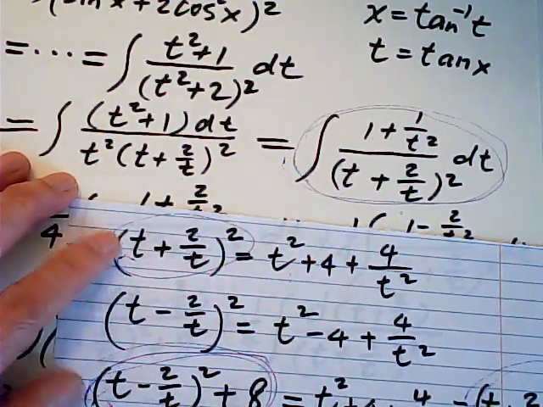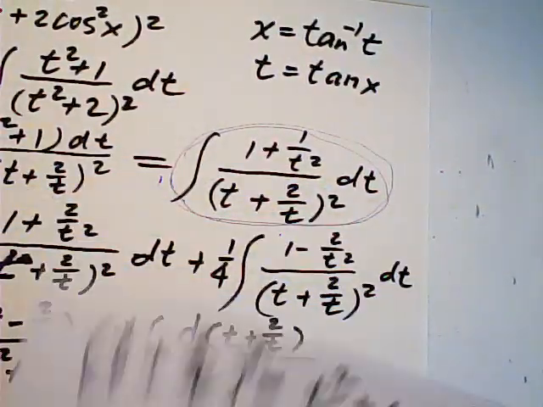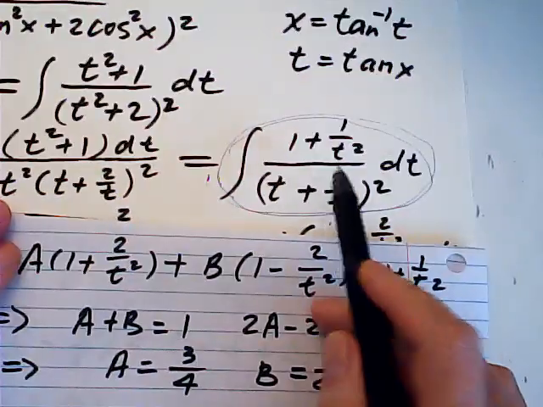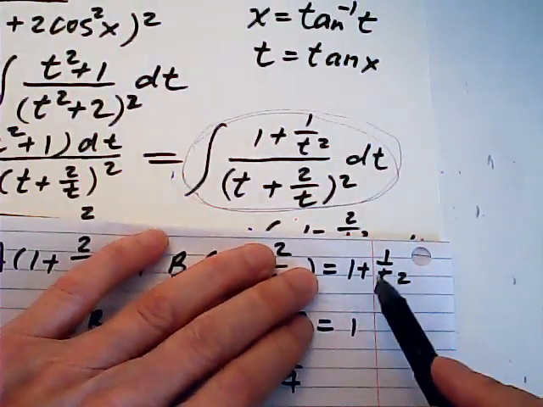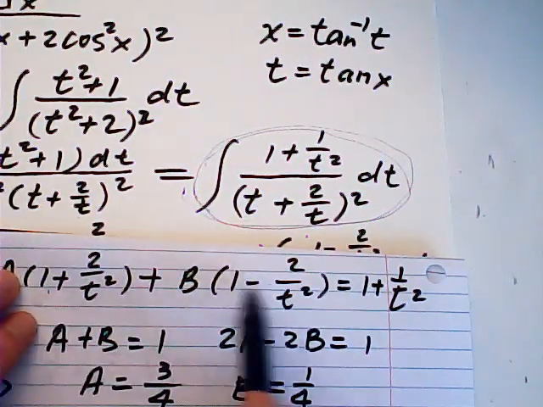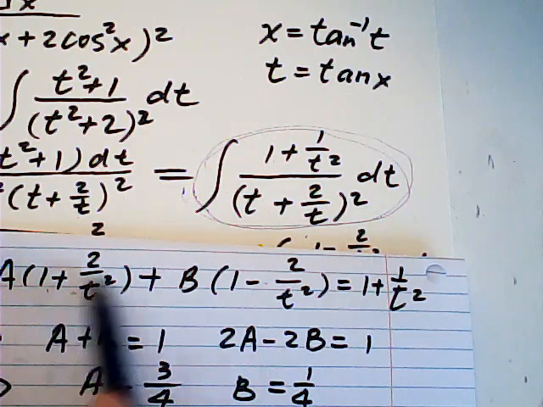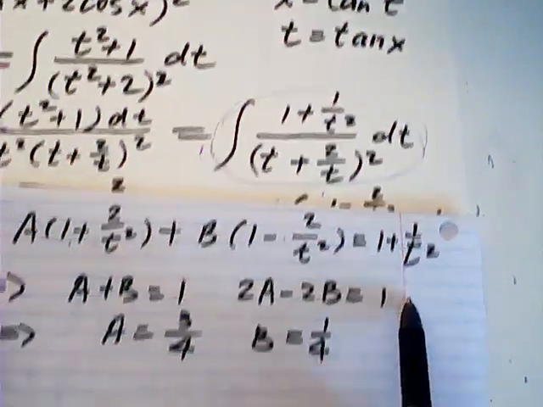Now, secondly, the numerator is this, right? This numerator I want to split into two parts, this one and that one. A number times this one plus another number times this one is this, which is possible.